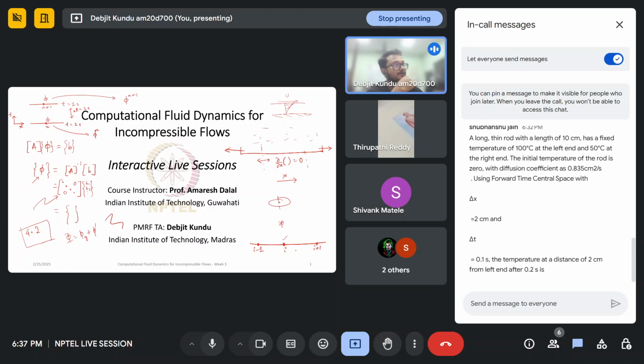Let's say I want to find out del phi by del x at I. Then you will write phi I plus 1 minus phi I divided by delta x. Right. So it is forward because I move ahead of the present space.